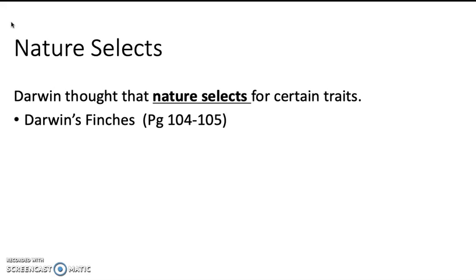So, for example, Darwin's finches. This is the coolest thing. He studied finches on the Galapagos Islands, and you can see it in your book on pages 104 and 105. The key difference was their beaks. The birds that were able to survive had a very interesting beak.